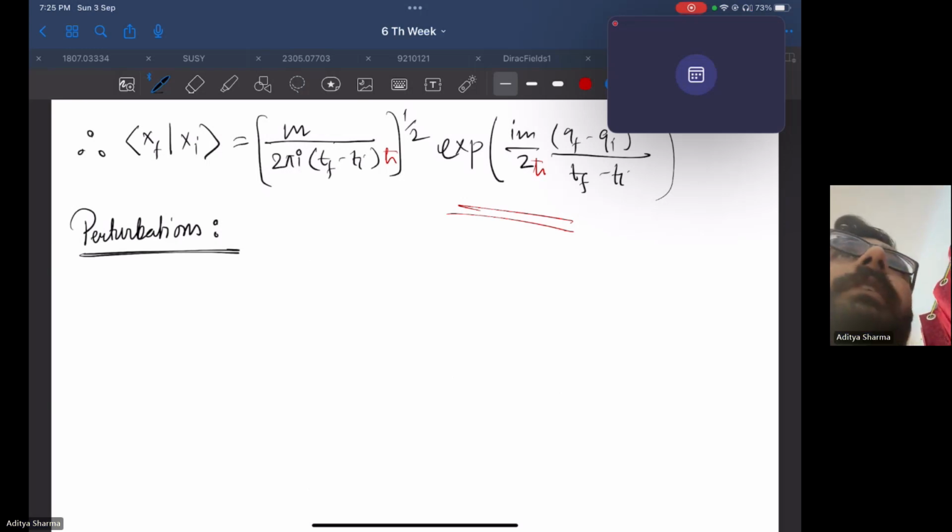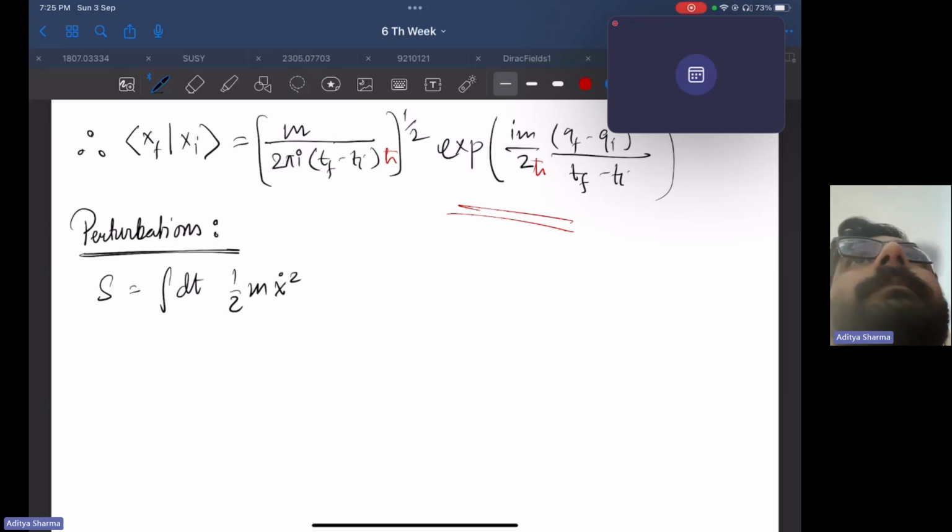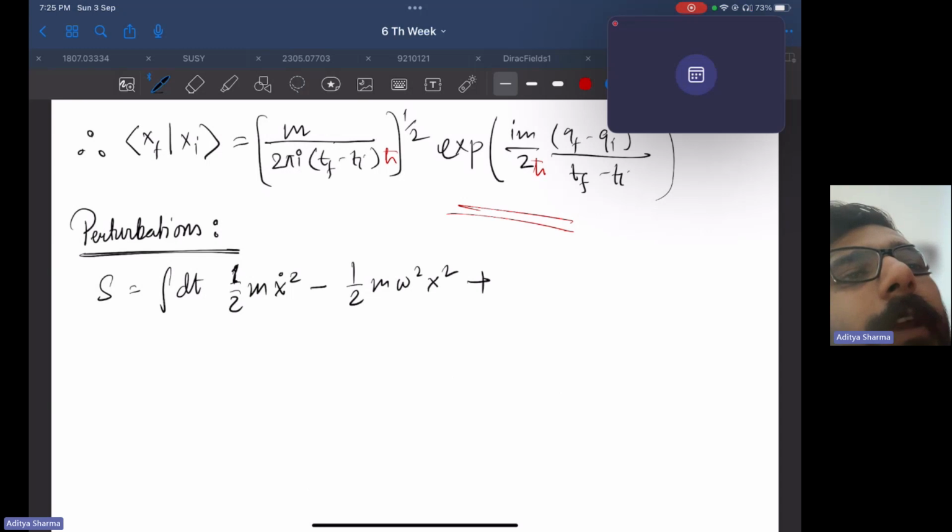Suppose our action is to have this one, minus one, which is one. Just if we want to calculate some factor, c3 times x to the power 4.